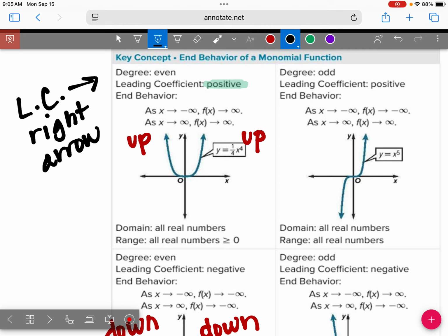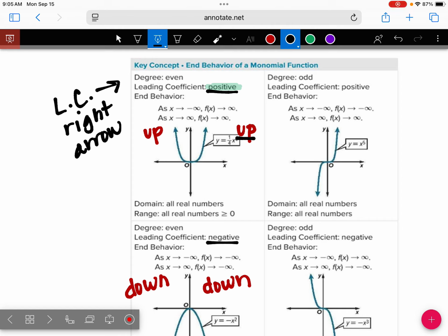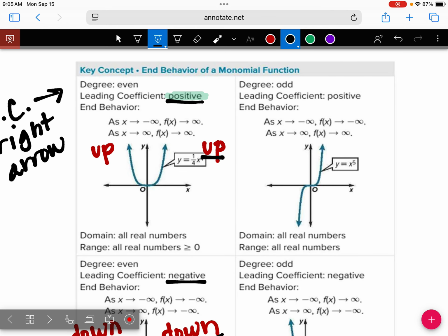If it's positive, it's going to make the right side go up. But if it's negative, it's going to make the right side go down. Let's look over here. Here again, we have a positive coefficient, and again, what is it doing on the right? The right side goes up.